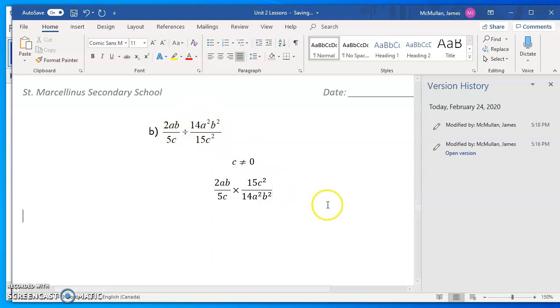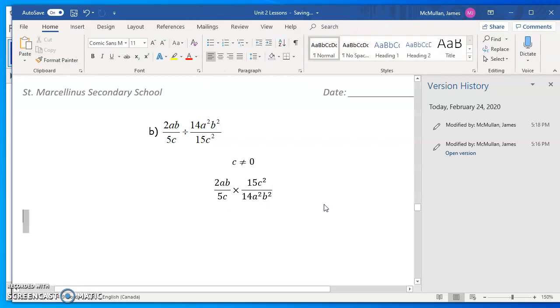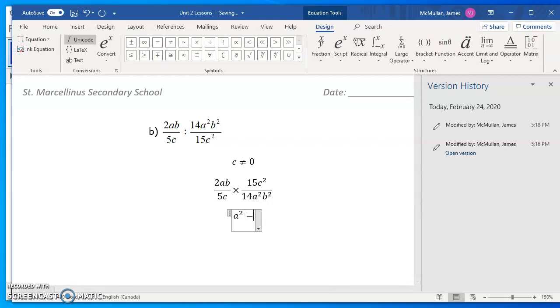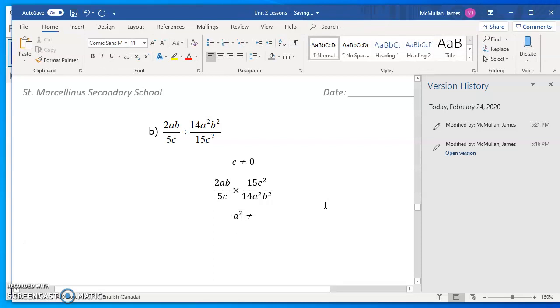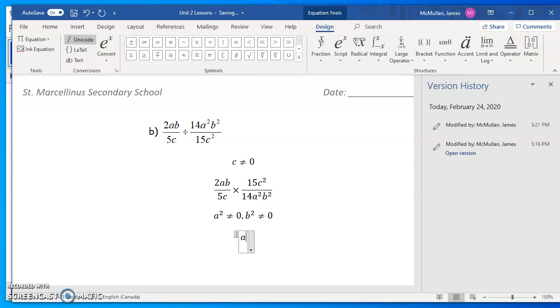Now, when you do that, you realize that a squared cannot be 0, and b squared cannot be 0, which of course we can write more simply as just a cannot be 0 and b cannot be 0.